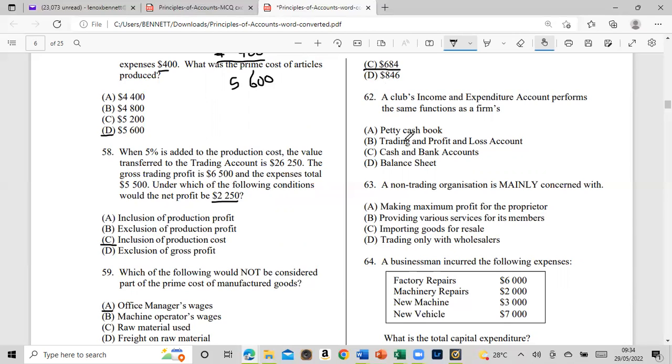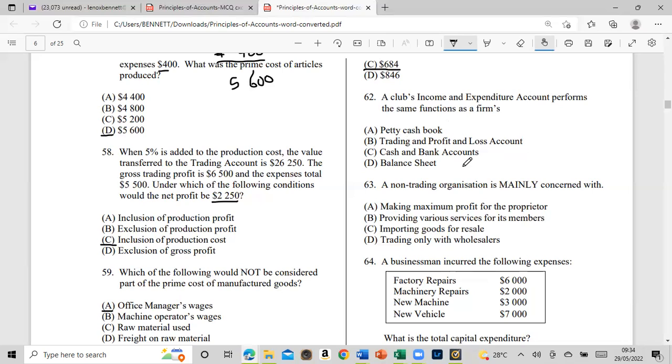All right, so let's look at number 62. It says, a club's income and expenditure account perform the same function as a firm's. Is it A, petty cash, B, trading and profit and loss account, C, cash and bank accounts, or D, balance sheet?